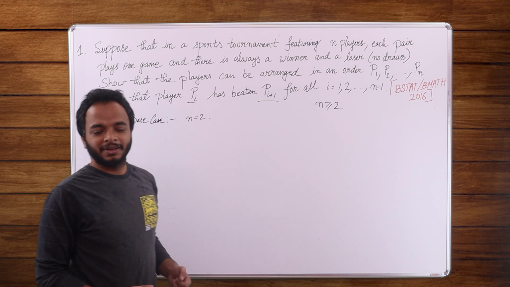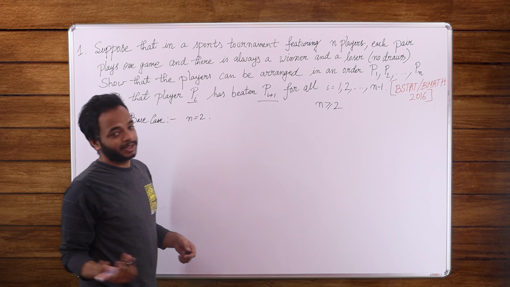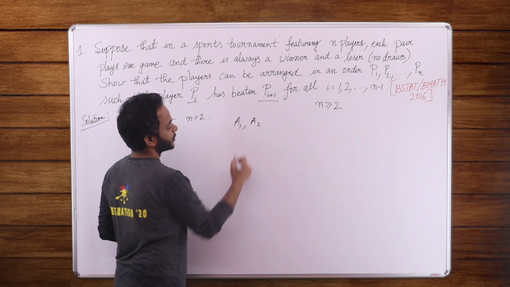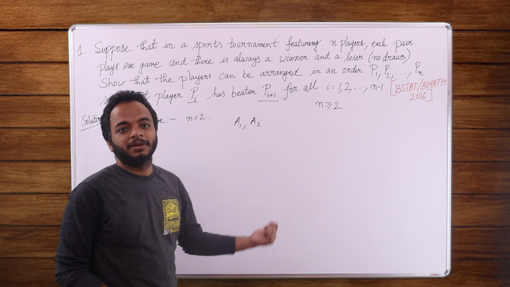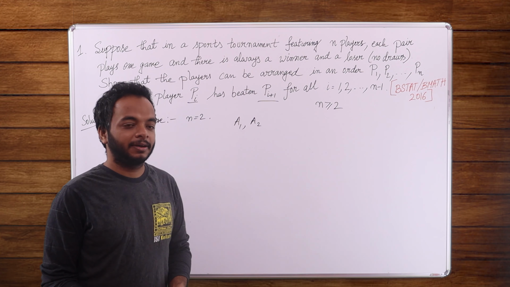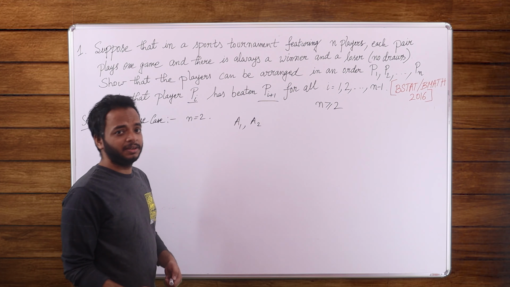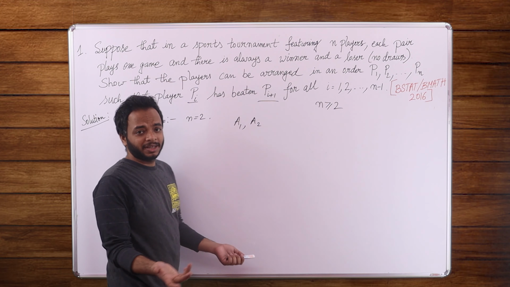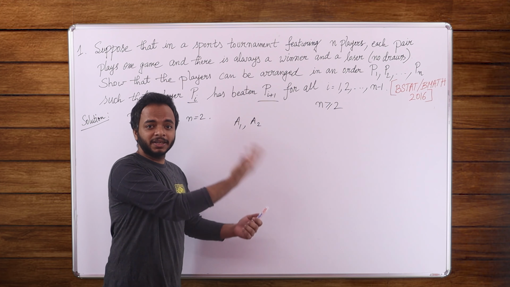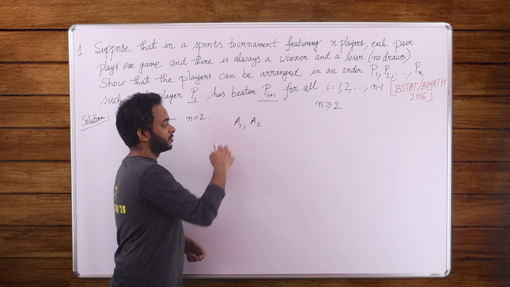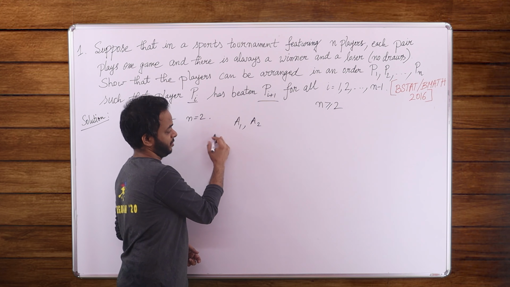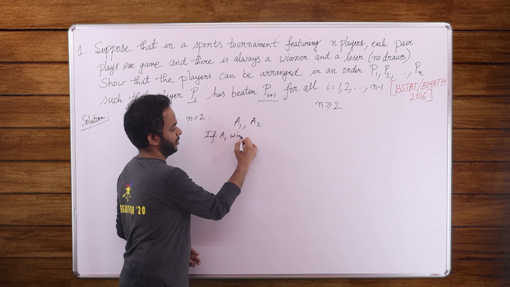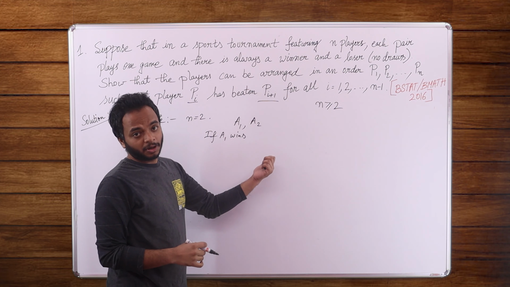Now this is simple. It's very trivial. You have two players, A1 and A2. They play only one game because it's 2 choose 2, that is 1. So there is only one game, and either A1 will win or A2 will win. If A1 wins, that means A2 lost.